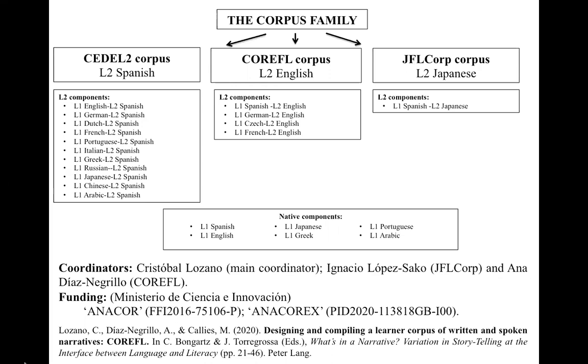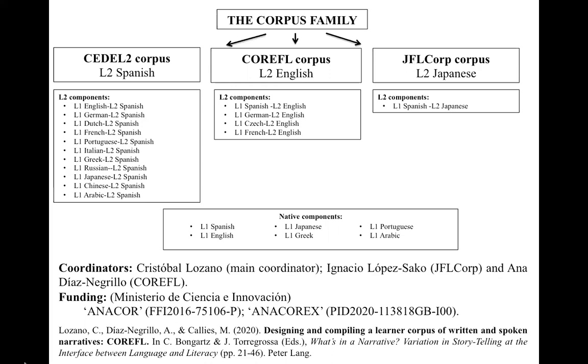The project was called ANACOR, and now we're collecting data with the funding we obtained in a second research project, ANACOR-X, which started last year. Now, you may wonder, what about these names, ANACOR and ANACOR-X? Well, they both have these names because we do research into anaphora resolution, anaphoric reference.